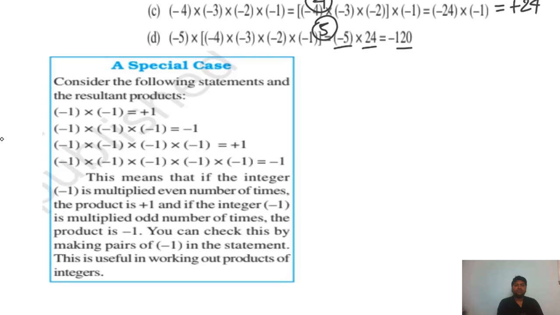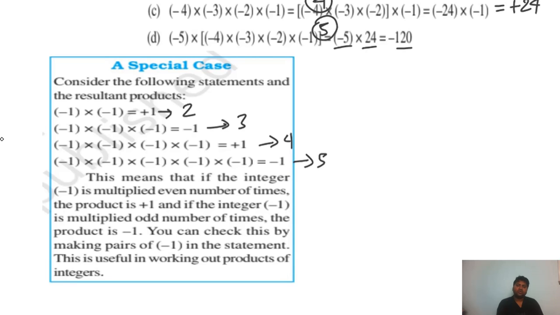Minus 1 into minus 1 is plus 1. Minus 1 into minus 1 into minus 1, three times, gives minus 1. Minus 1 multiplied four times gives plus 1, and minus 1 multiplied five times gives minus 1.